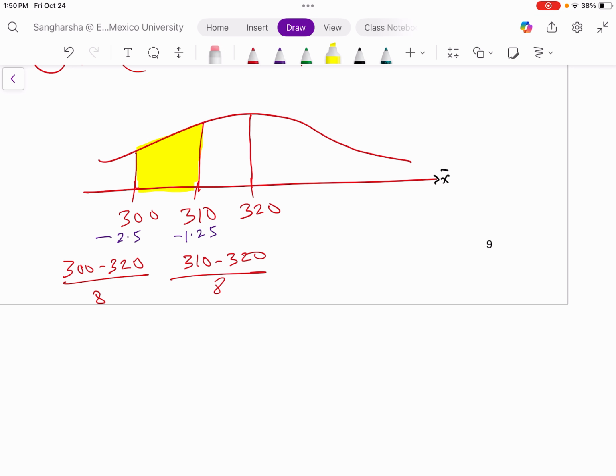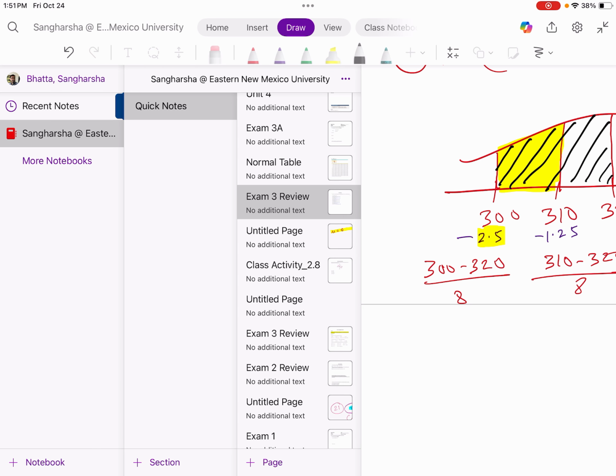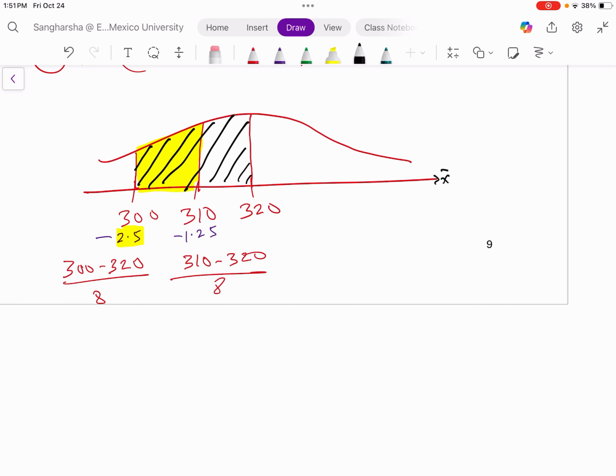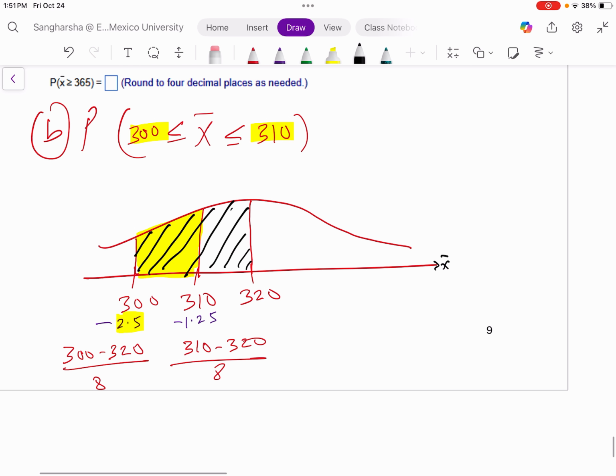Now we use the z table. 2.5 gives the area from 300 to 320. So 2.50 gives 0.4938.